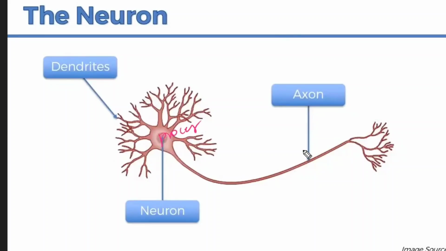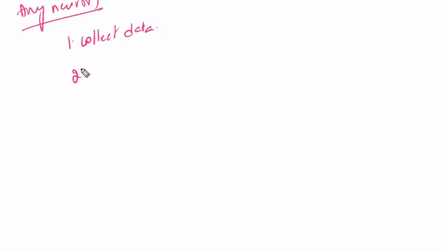Any neuron, in its first step, will collect the data. Whatever data is collected will be processed, and it will share the processed information with the next neuron.